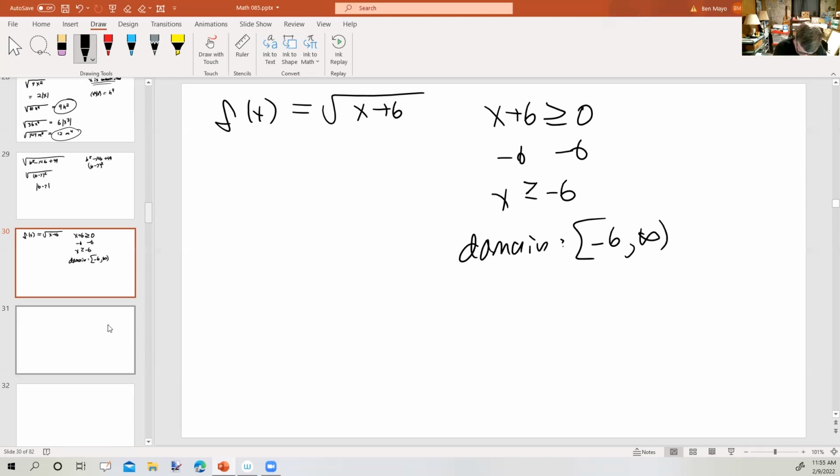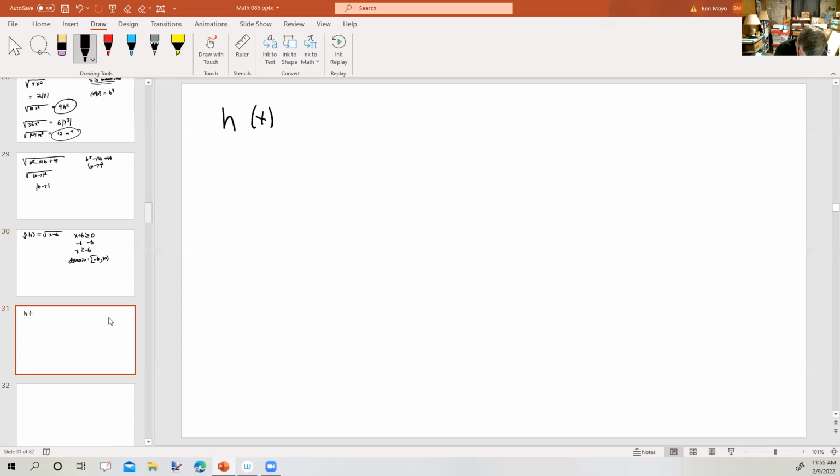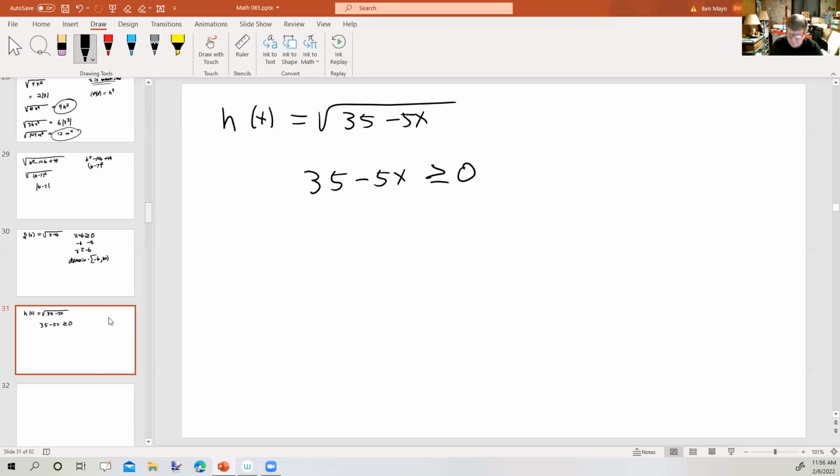All right, here's another one. H of x equals the square root of 35 minus 5x. They want to know the domain of the function, so the radicand has to be greater than or equal to 0. I'm going to subtract 35, -5x greater than or equal to -35.